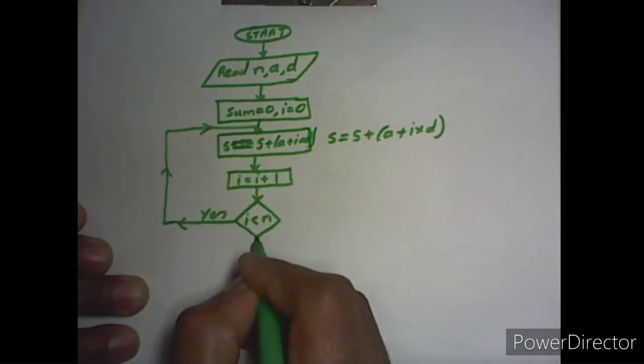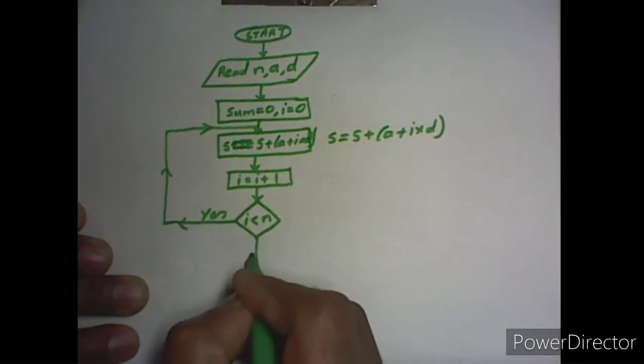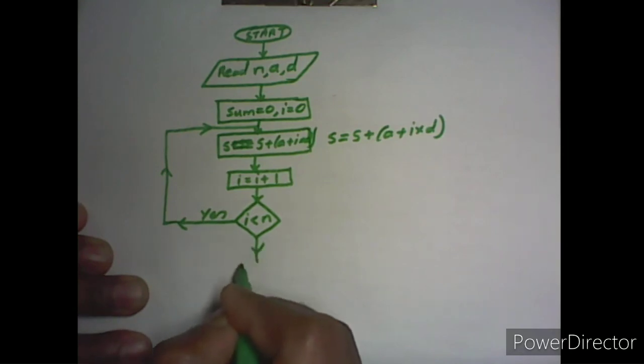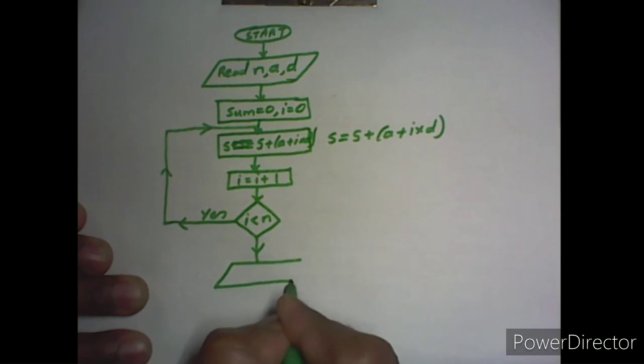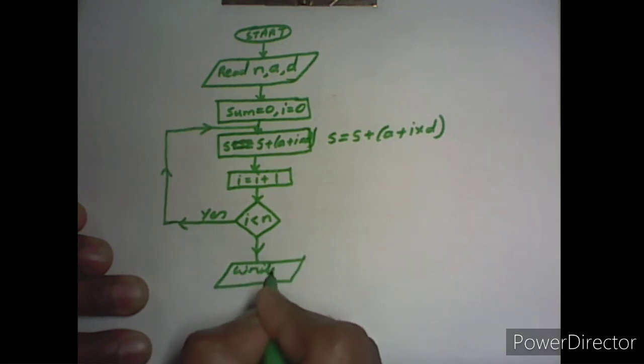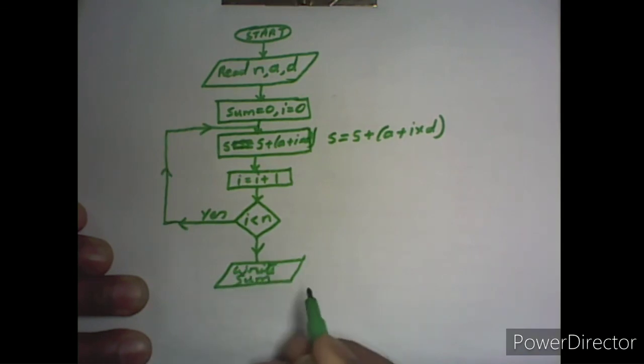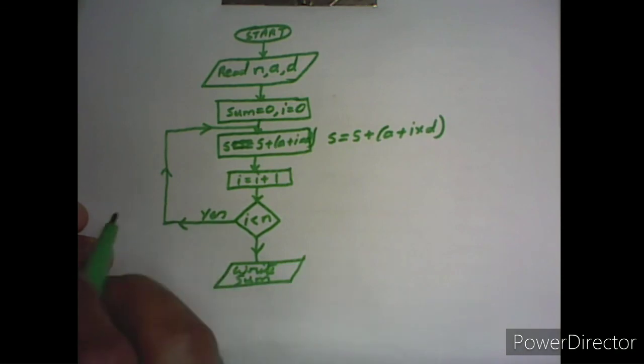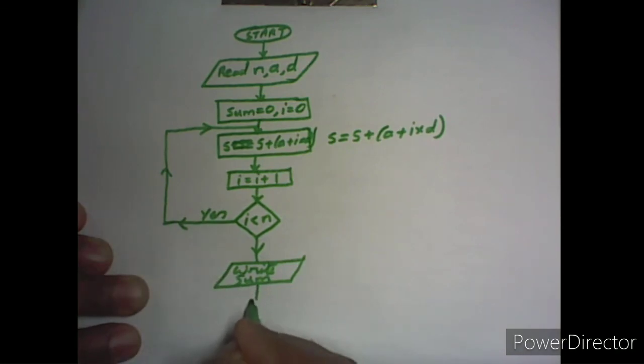If i is not less than n, then the output: write the sum. Okay, then of course the oval to stop.